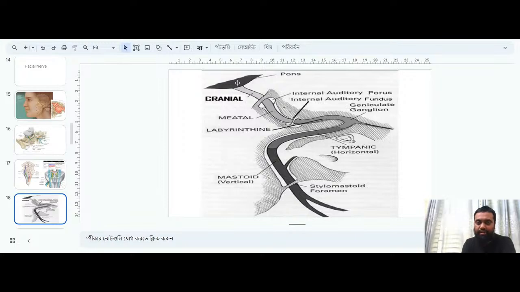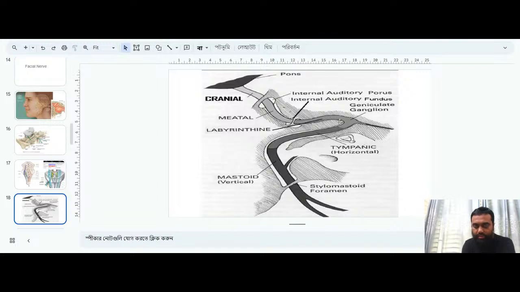This is the intracranial part of the facial nerve. From the pontomedullary junction, the facial nerve comes out, and here is the internal acoustic meatus, and through the internal auditory canal, the facial nerve moves laterally and forward.